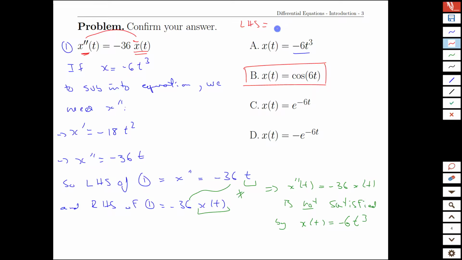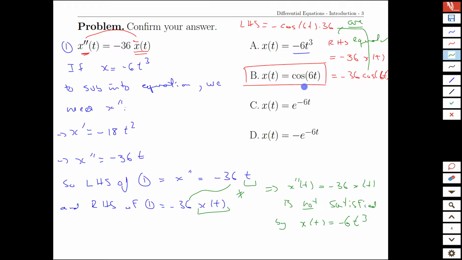We take another derivative, we're going to get back to negative cos, and we're going to have taken 2 6's out, so it'll be times 36, while the right-hand side is equal to negative 36x, but we said x of t was cos of 6t, so cos of 6t here, and those are exactly equal. And so we verified that this function, when we sub it into the differential equation, satisfies it.